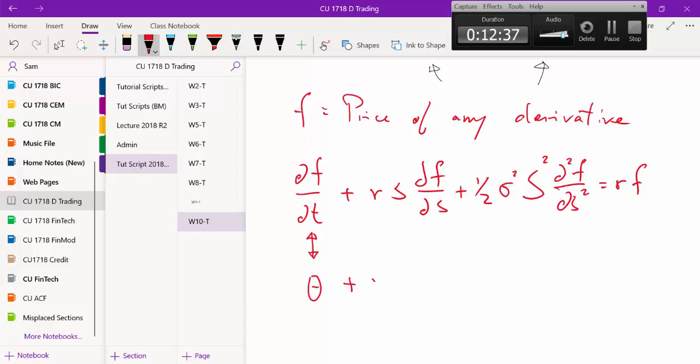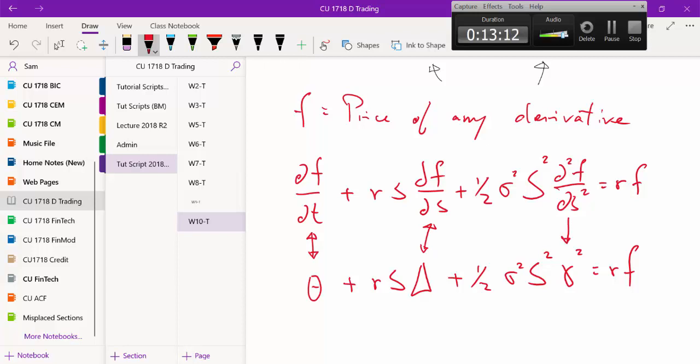Plus, now r is the interest rate, df dS is just the delta, plus a half sigma squared S squared. Now what's d2f dS squared? This is just gamma. So I am simply replacing this formula with all the respective Greeks, except for sigma.